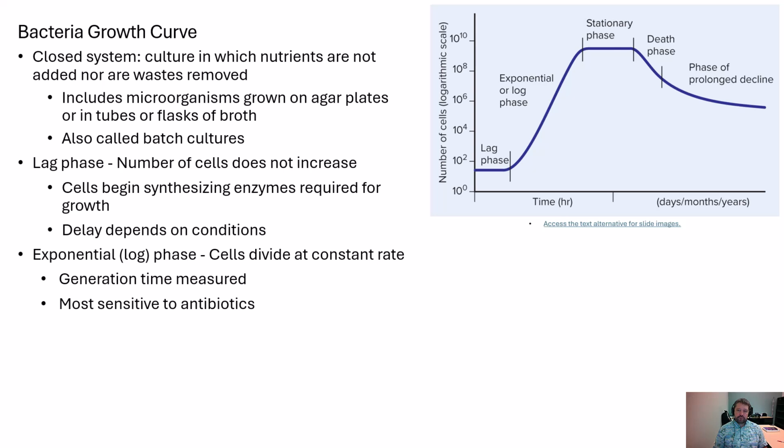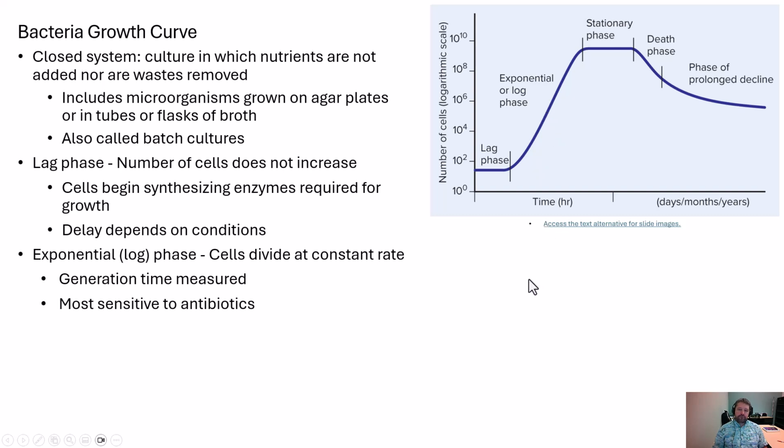Most of the time, if you take the stationary phase, the top end, which we might call the carrying capacity, and divide that in half, then halfway up the exponential phase is the spot, the time and number of cells, at which the population has its highest growth rate.